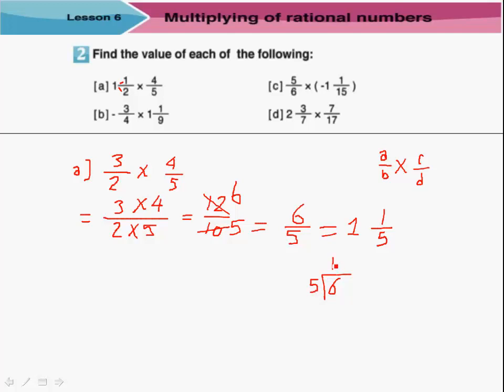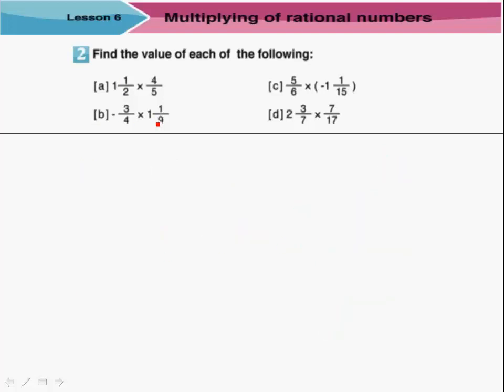It equals 1. 1 times 5 equals 5. 6 minus 5 equals 1. 1 is less than 5, so stop here. The answer will be 1 and the remainder 1. Put the remainder in the numerator divided by the denominator. So this is the simplest form.